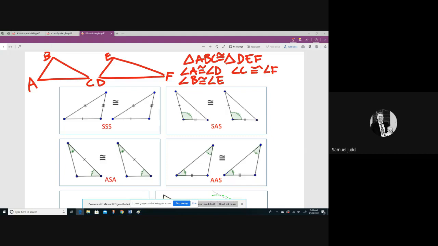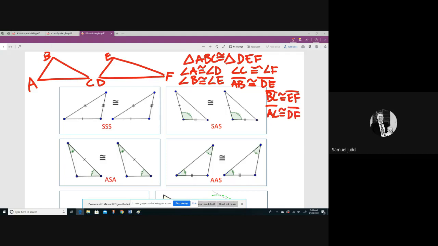Angle C is congruent to angle F. Side AB is congruent to side DE. Side BC is congruent to side EF. And side AC is congruent to side DF.